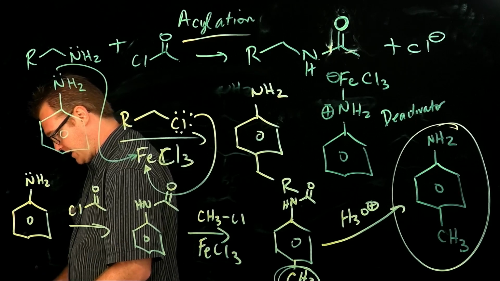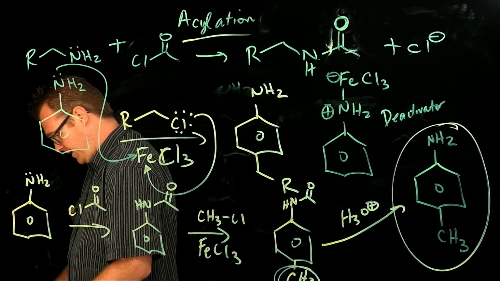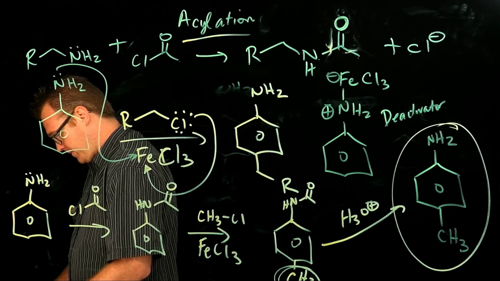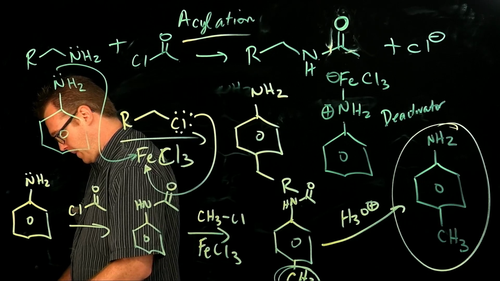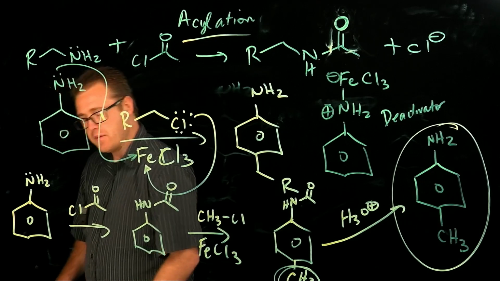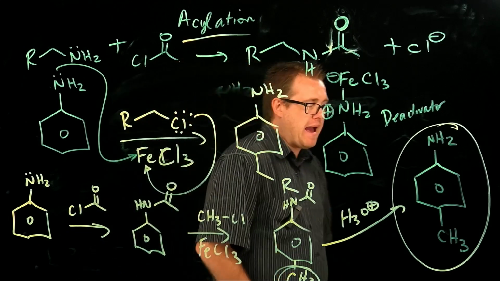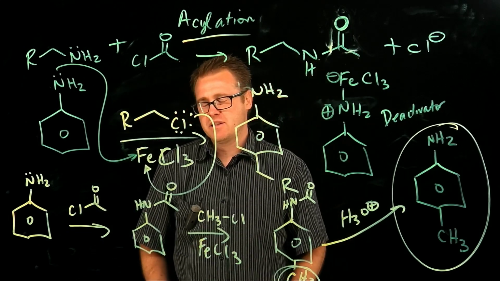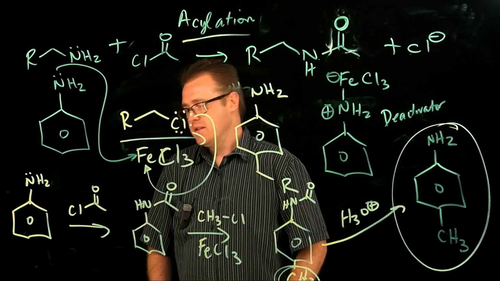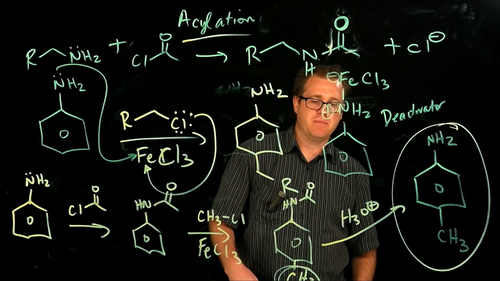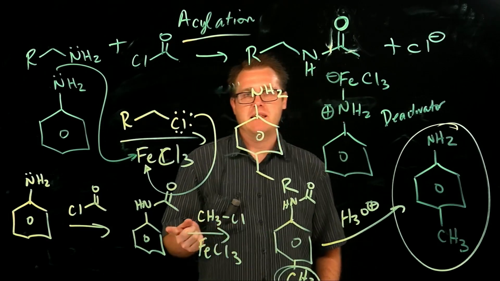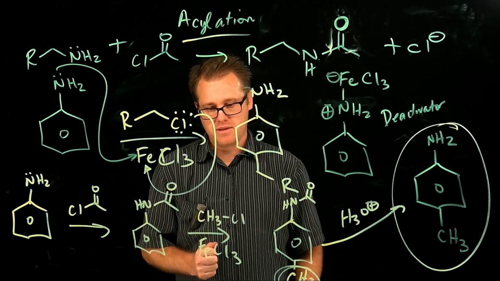Okay, this next reaction is a lot of fun, in my opinion, because it's going to bring back some reactions that we learned in Orgo 1. So it's a good reaction to help us review Orgo 1 material, but then learn something new at the same time.